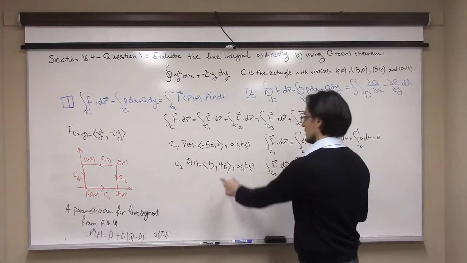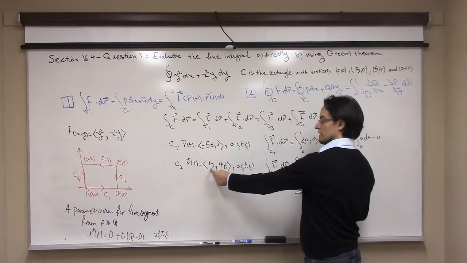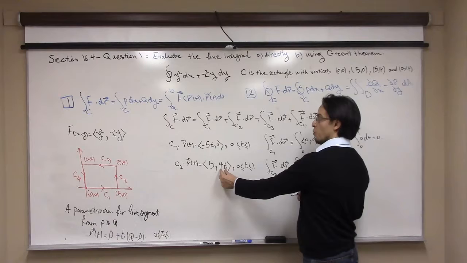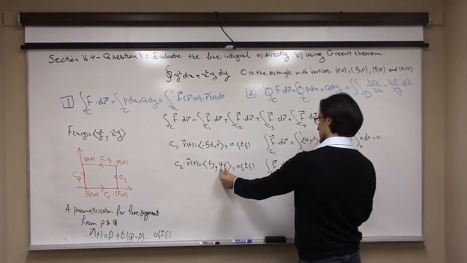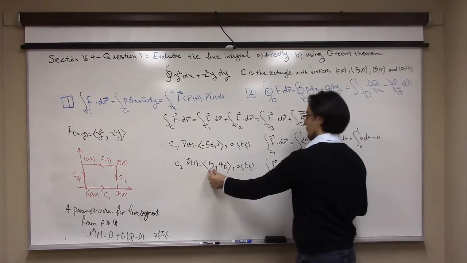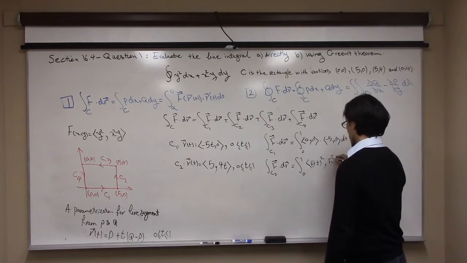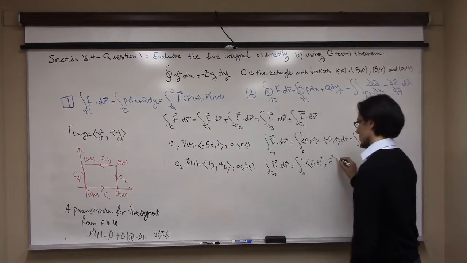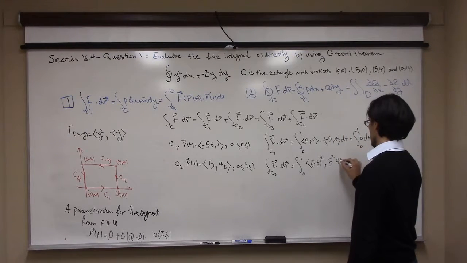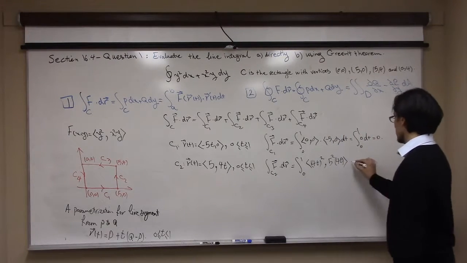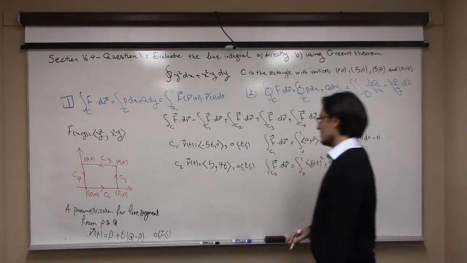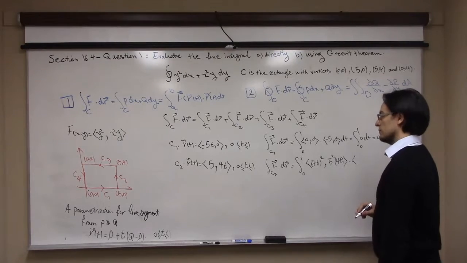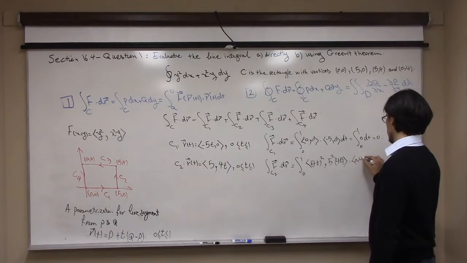So my vector field along this curve with this parameterization would be y squared, which is 4t squared, and x squared, 5 squared, times y, which is 4t. That's my F. The derivative of the parameterization, the vector function, is (0, 4) dt.